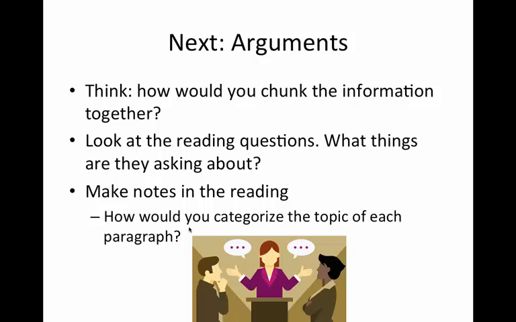Think about what the author's trying to accomplish. Think about what themes emerge. For example, you have a problem solution, a cause and effect. What is the author describing? For example, in the Shepard article, you see a bunch of examples of how students are pushing and causing grade inflation.